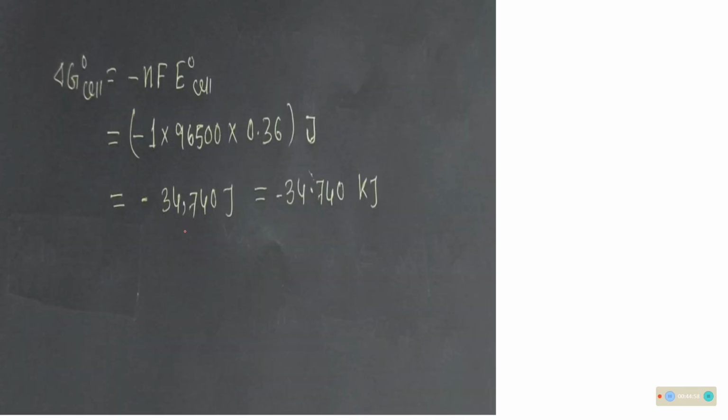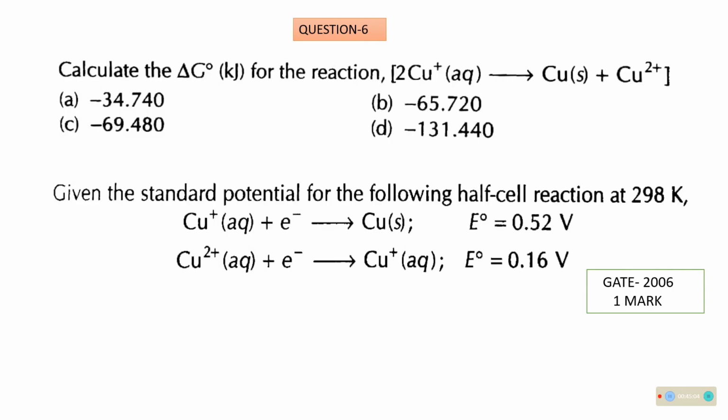So we got minus 34,740 joule, that is minus 34.740 kilojoule. So the correct option is option A.